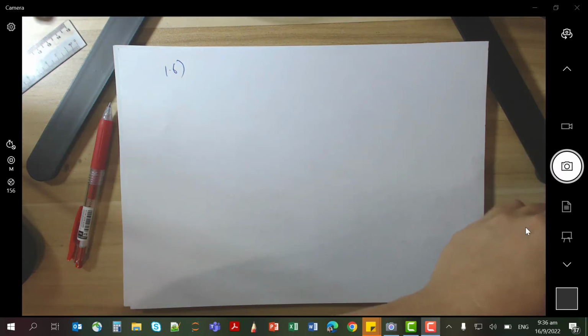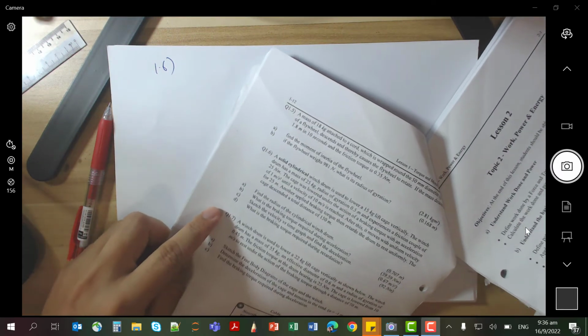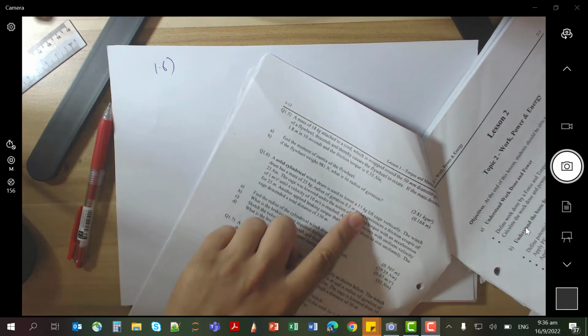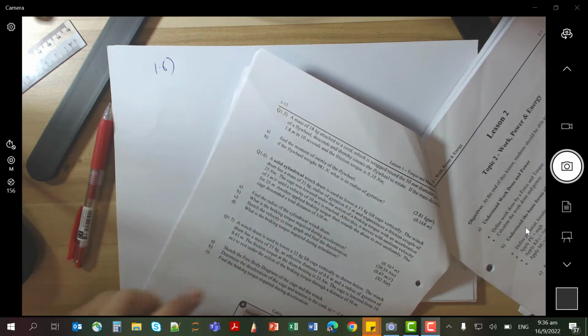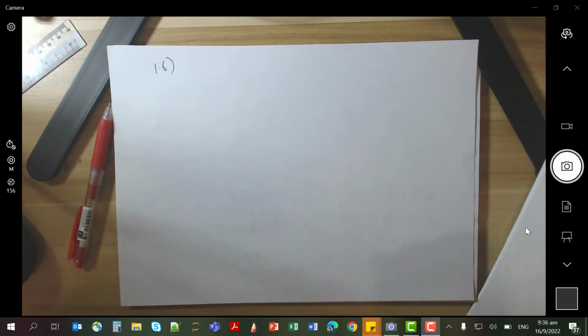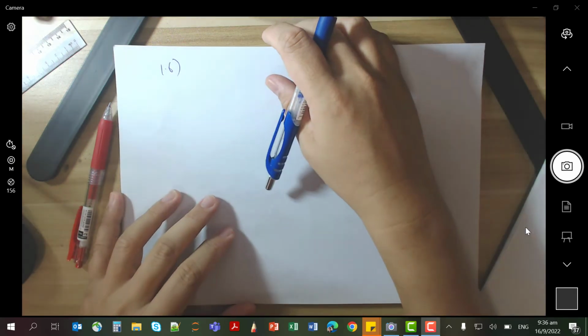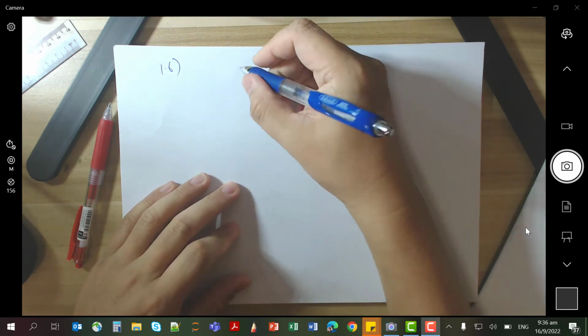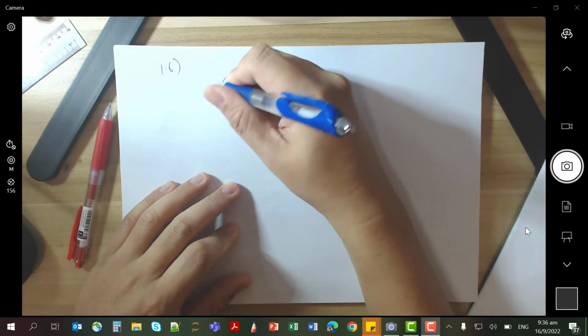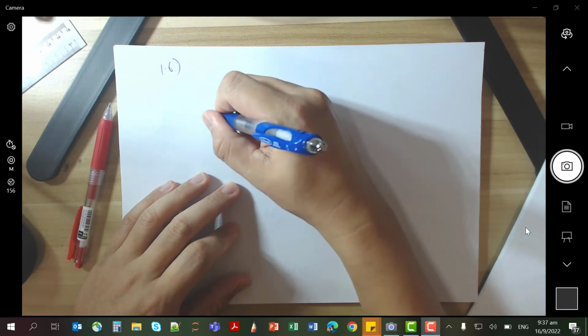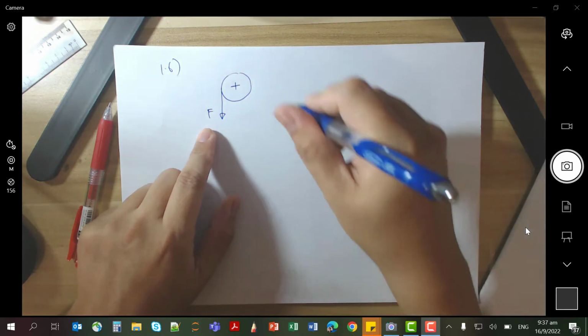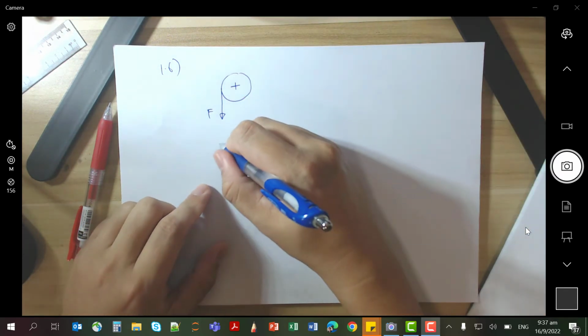Tutorial 1.6. It is about this solid cylinder drum lowering a 15 kilogram cage. So here you have your tension and the direction of motion.